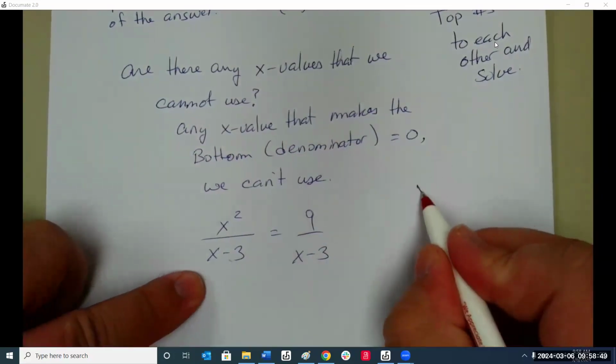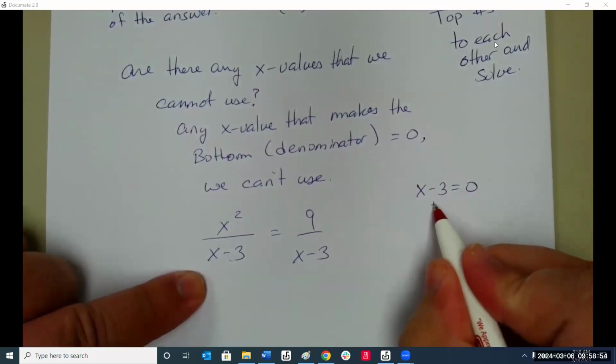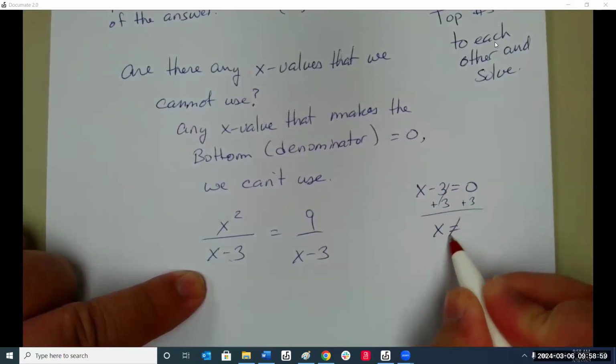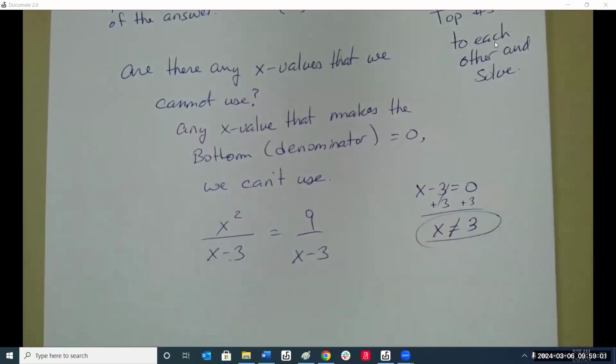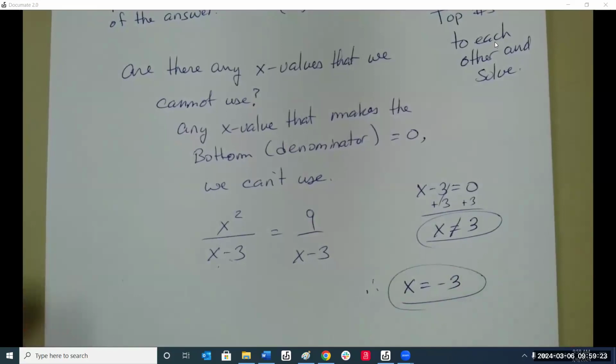So take the bottom, set it equal to 0, and solve for it. So we cannot use x equals 3, because if we put 3 inside there, we get a 0 on the bottom. It's undefined. So what is our final solution? Our final solution is x is negative 3.